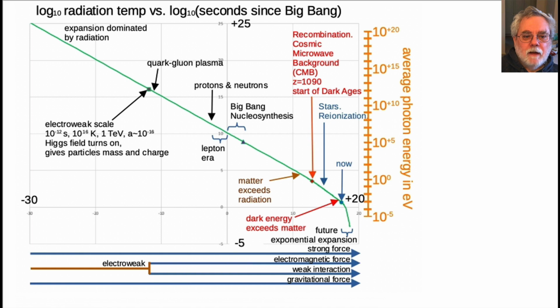Two seconds after the Big Bang, here, the energy density of radiation, photons and neutrinos, was 1,000,000 times the energy density of matter, and 82,000 times at 5 minutes, which is here. So radiation still dominated expansion of the universe.